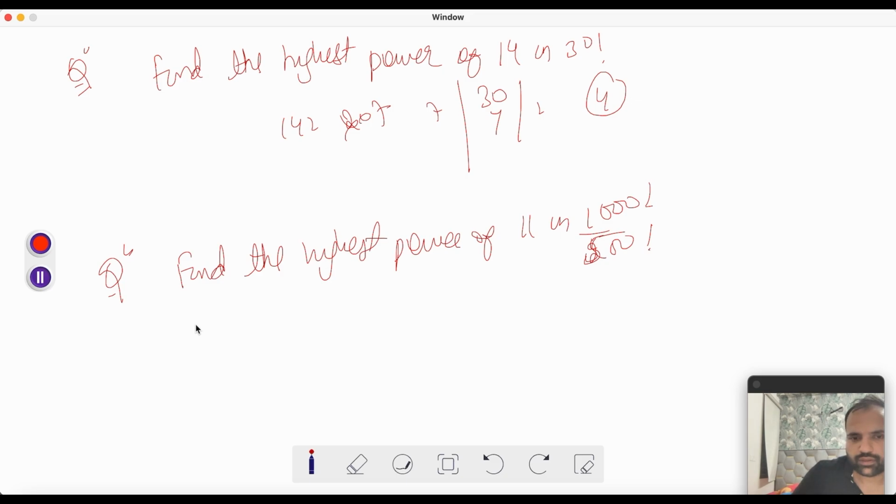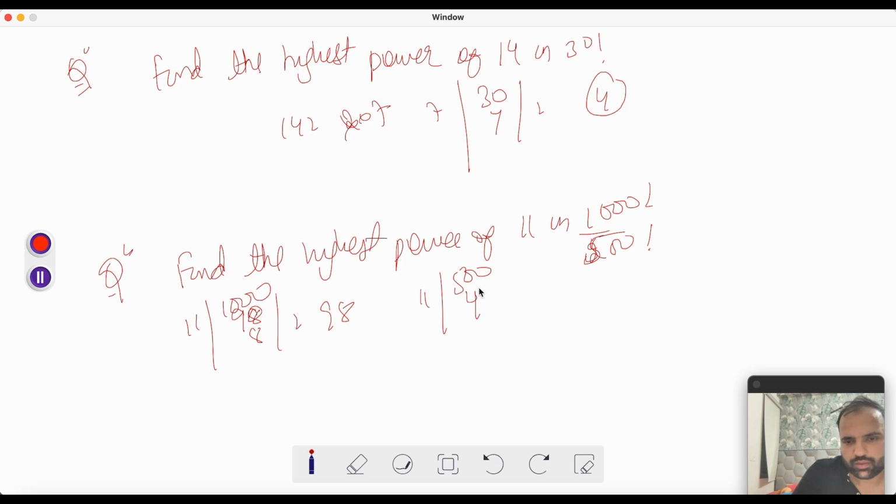Again, first find, so how much would it be? 11 9s are 99, and then you have 8, so you have 98, and then 11 in 500, how much do you have?